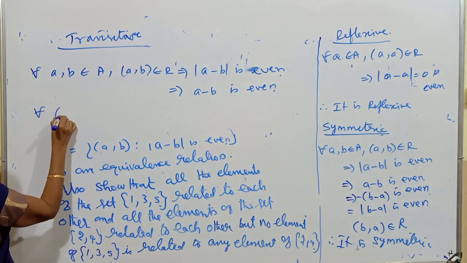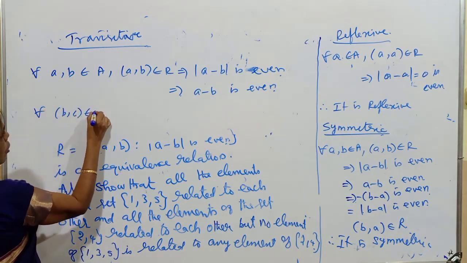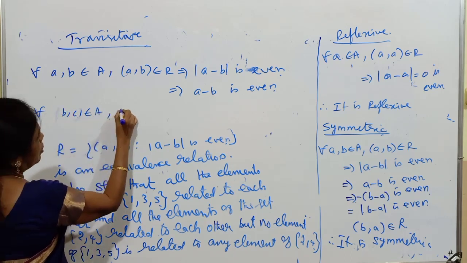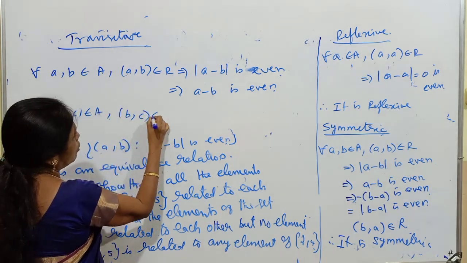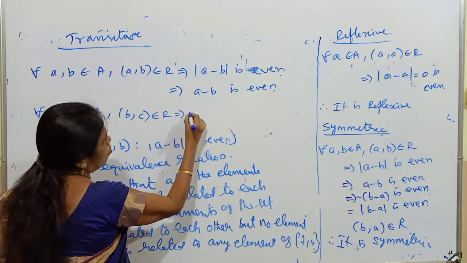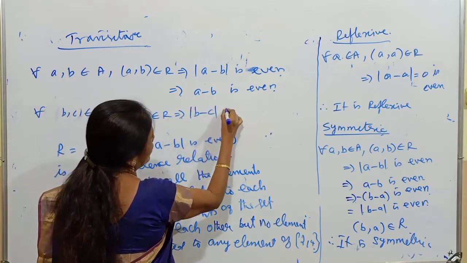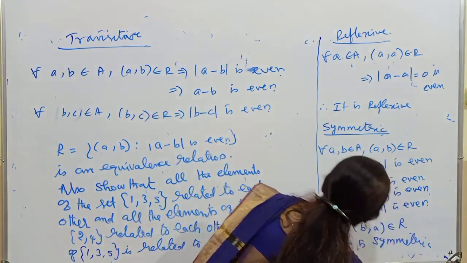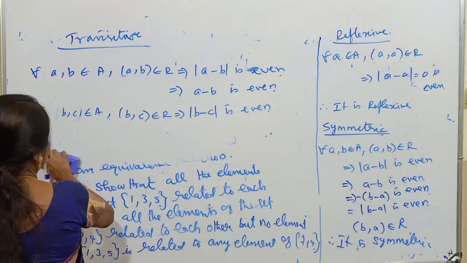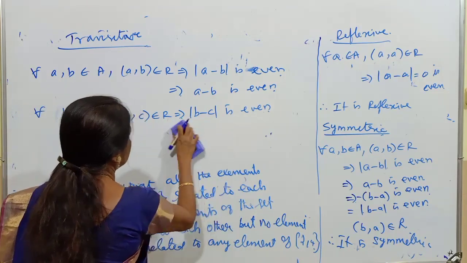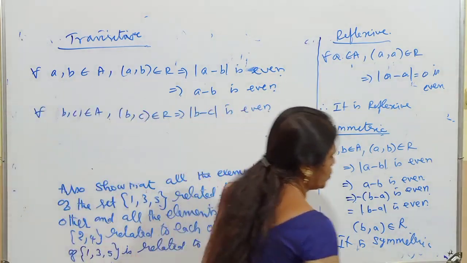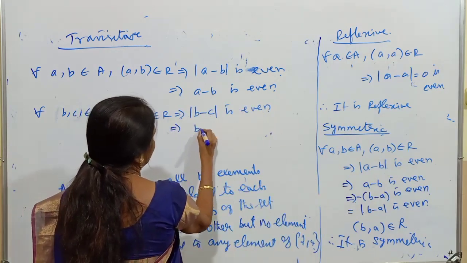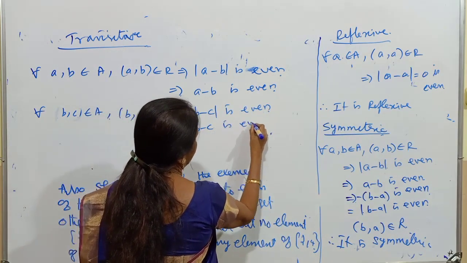For all B comma C belongs to A, B comma C belongs to R implies modulus of B minus C is even. So you can say that B minus C is even.